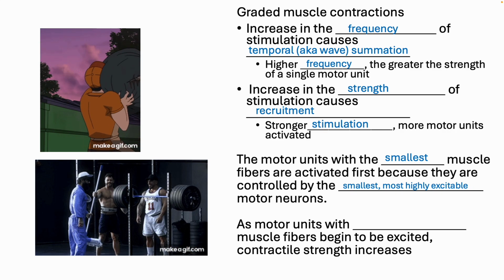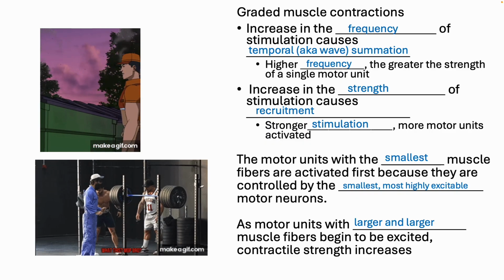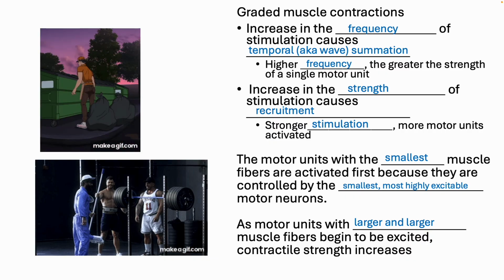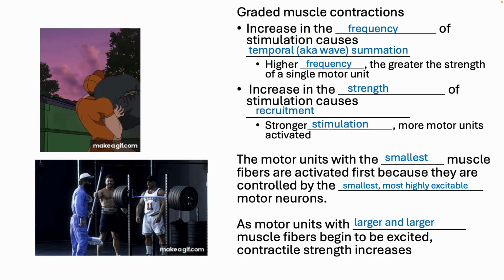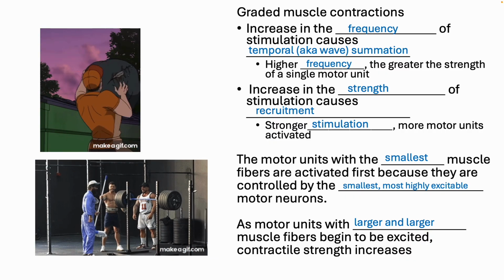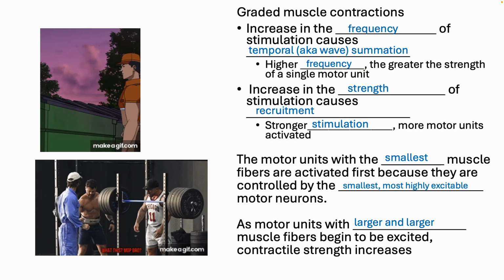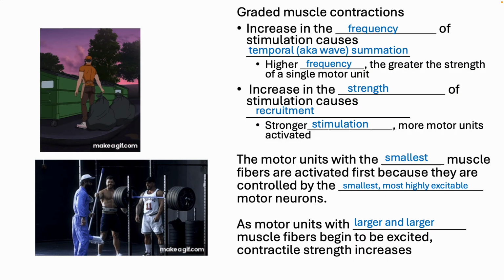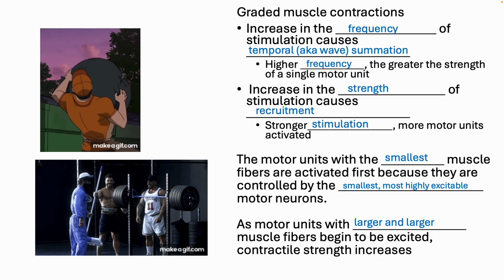As motor units with larger and larger muscle fibers begin to be excited, the contractile strength will be increased. This leads to healthy muscle contractions that are relatively smooth and that vary in strength depending on demands.